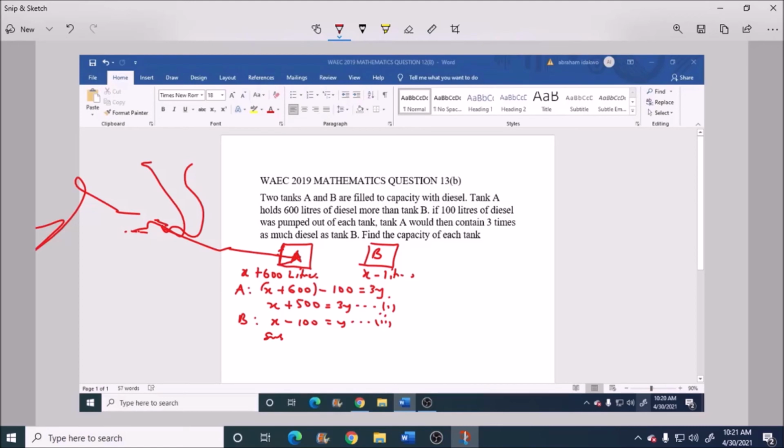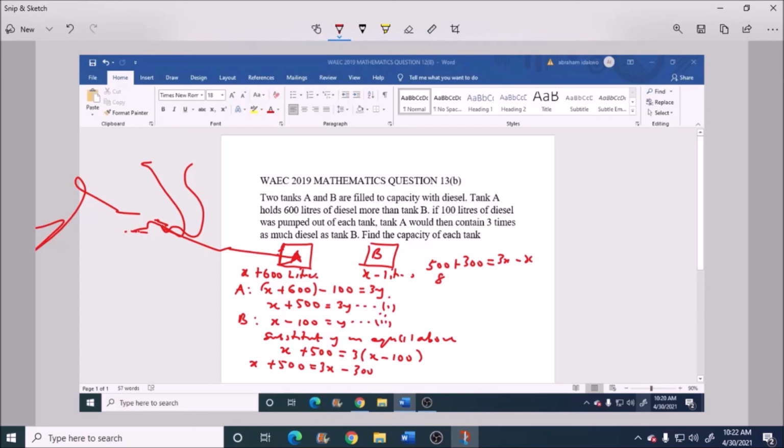So here we have 500 plus 300 equal to 3x minus x. So we have 800 equals 2x. Dividing both sides by 2, x is equal to 400 liters.